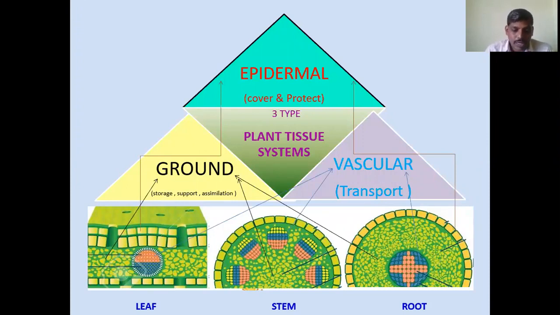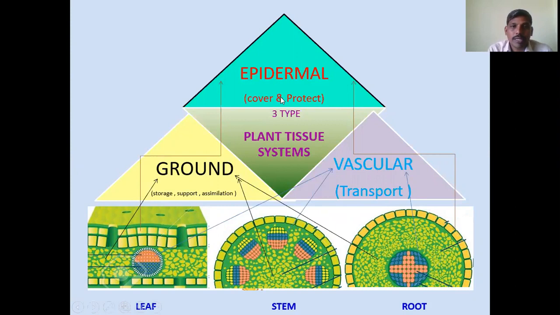So a group of tissues performing a similar function, irrespective of its position in the plant body, is called a tissue system. Julius Sachs identified and classified the plant tissue systems into three types.